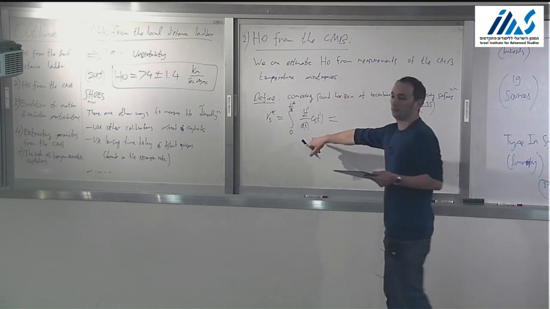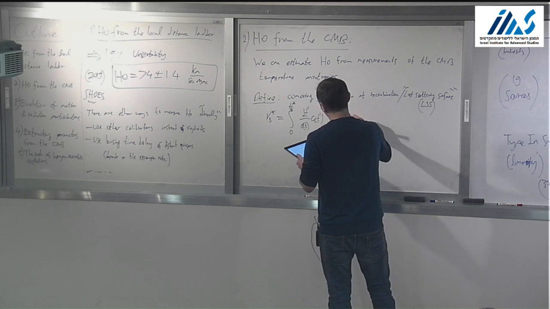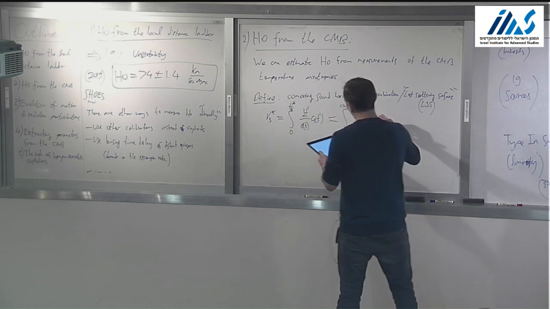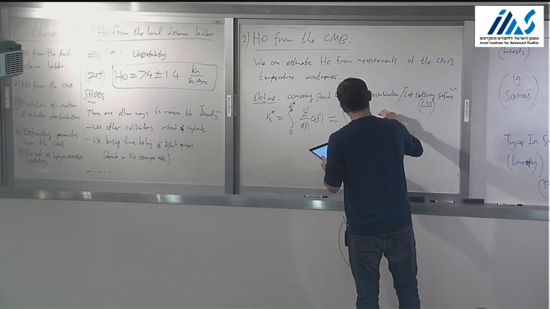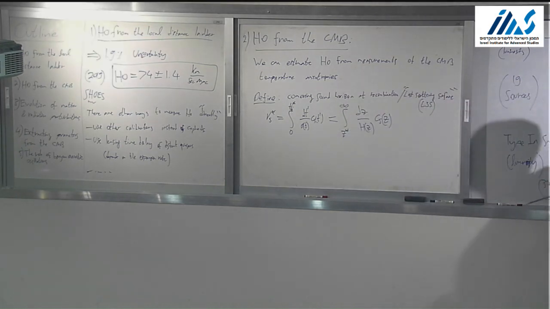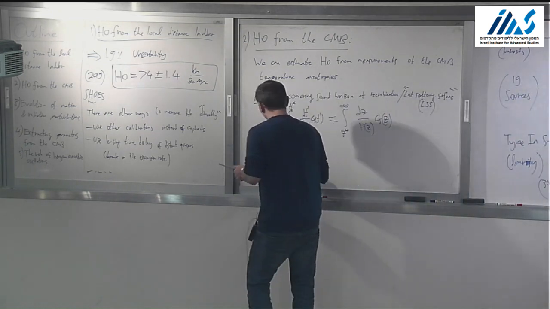Okay, so this is given by this integral, which is how much distance the light can travel, where this is the speed of sound in the medium the light travels through. Okay, so r_s is given by this formula.